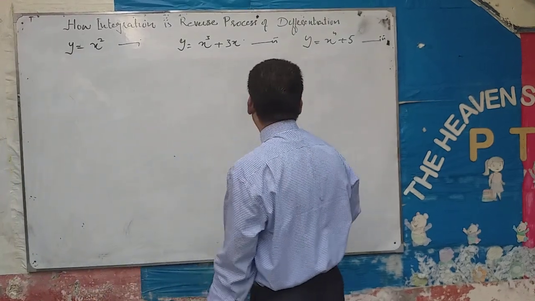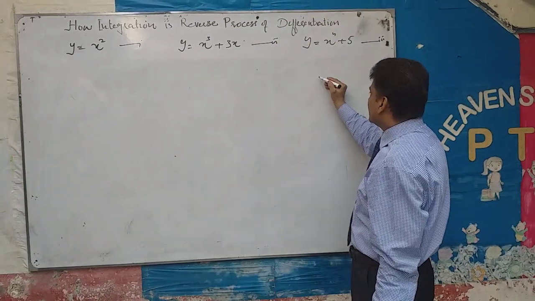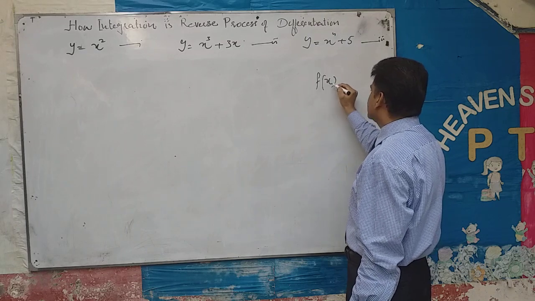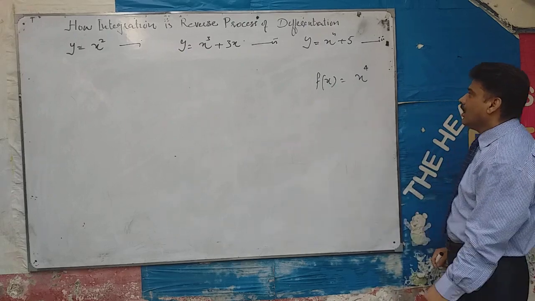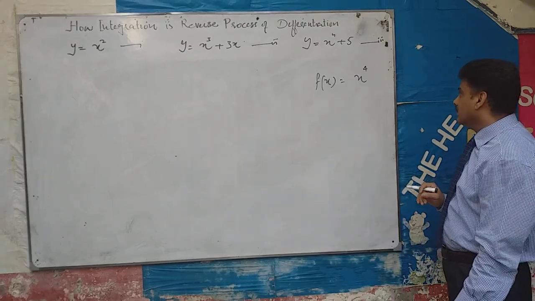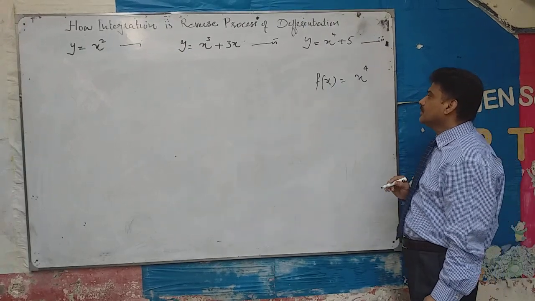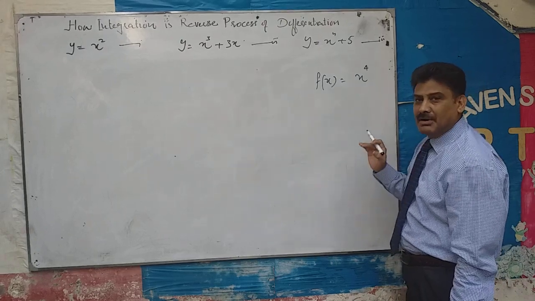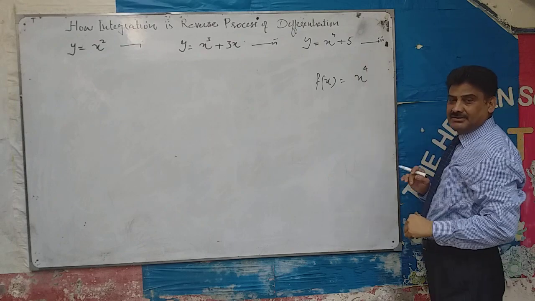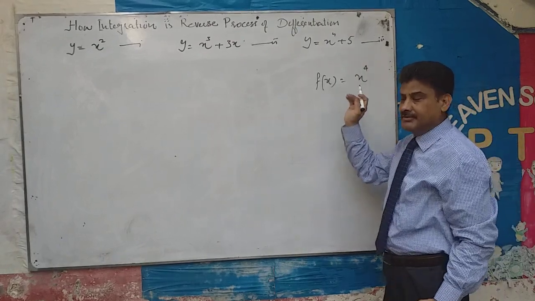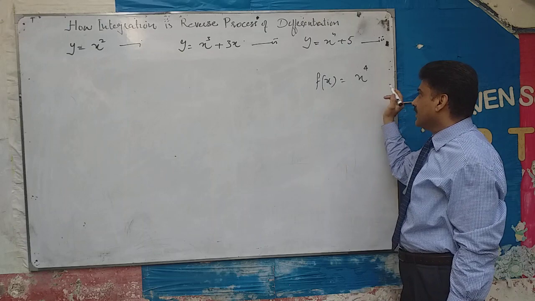The power rule is that when we have to differentiate a function, for example, f of x is equal to x to the power 4, we just multiply the function by the power of the function and then reduce the power by 1.